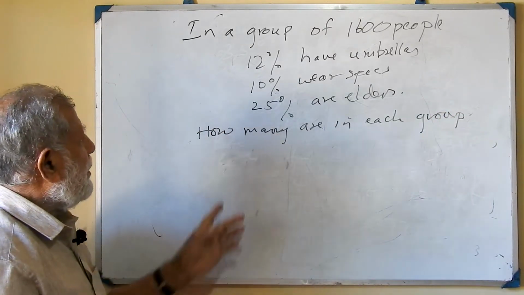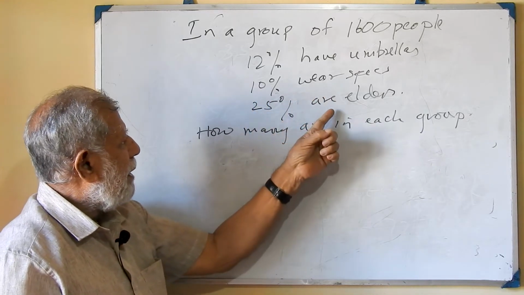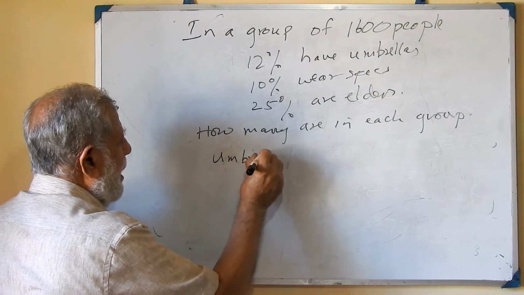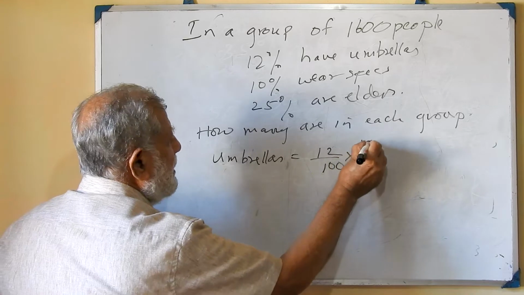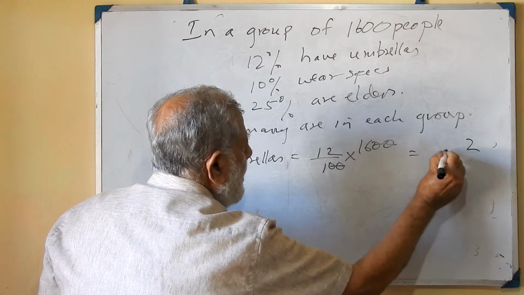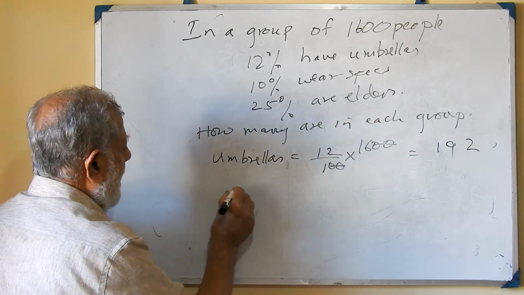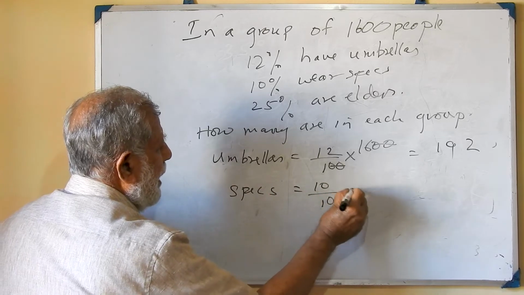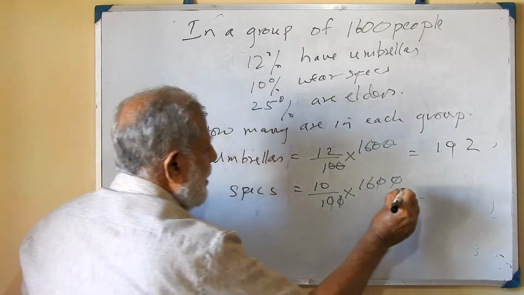In a group of 1600 people, 12% have umbrellas, 10% wear specs, 25% are elders. So umbrellas, how many are having umbrellas? How to find out? That will be 12 upon 100 into 1600. So cancel 0, 0, 0, 0. That's equal to 192. 10% wear specs. Specs equals 10 upon 100 into 1600. So 0, 0, 0, 0. That is equal to 160.